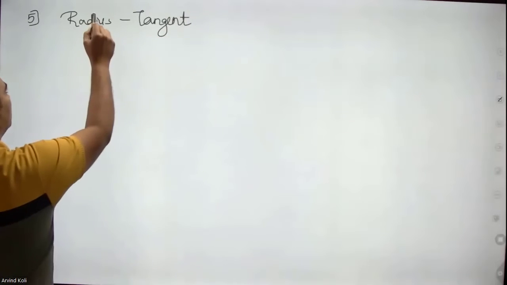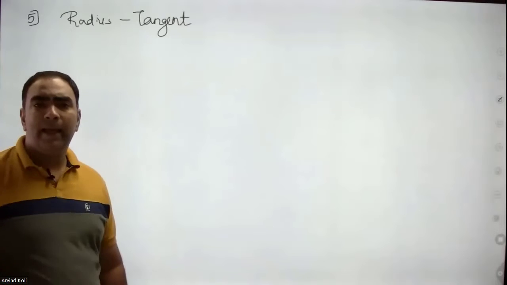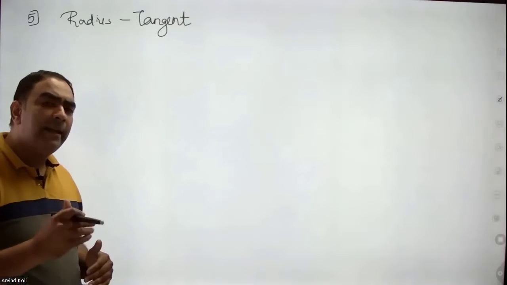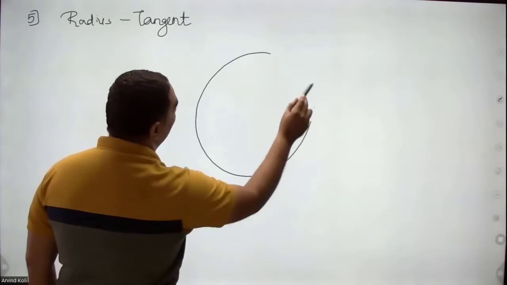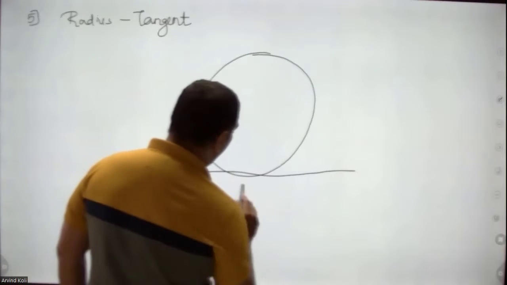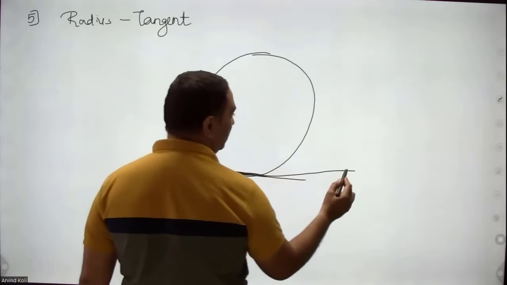and tangent. Students, do we recollect anything or any relation between the radius and a tangent? For example, we have a circle and let's say we have this tangent.